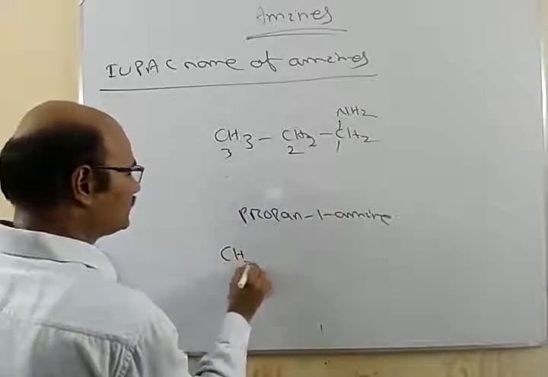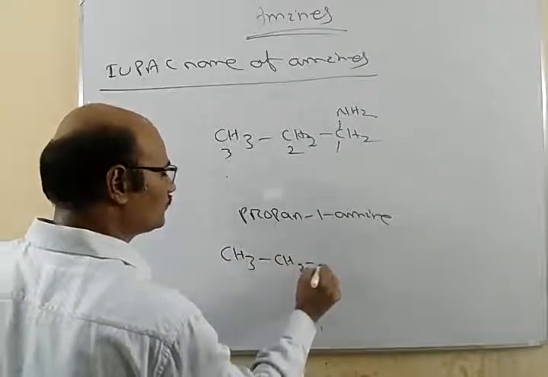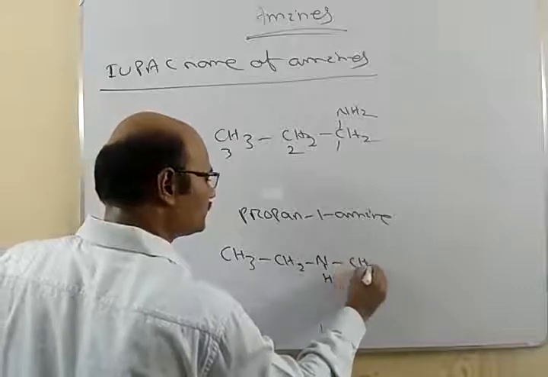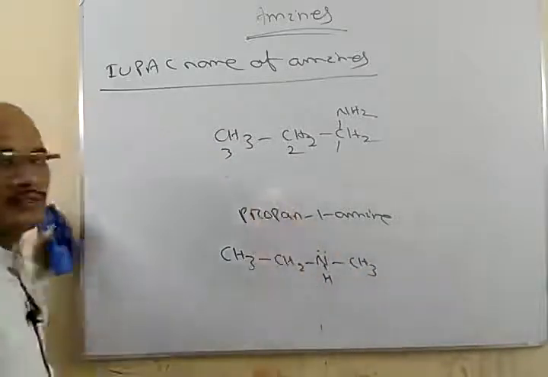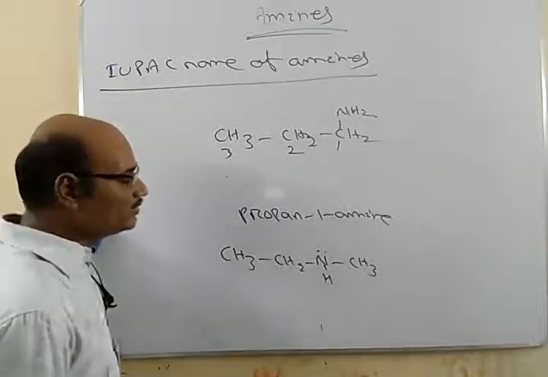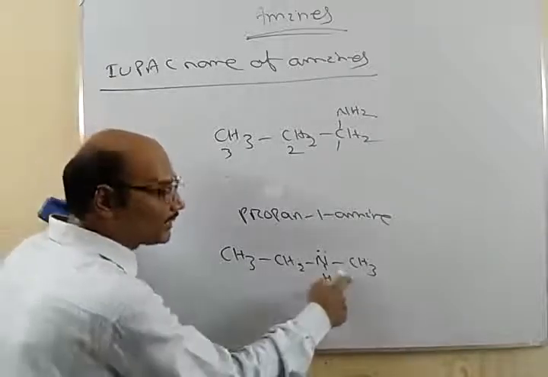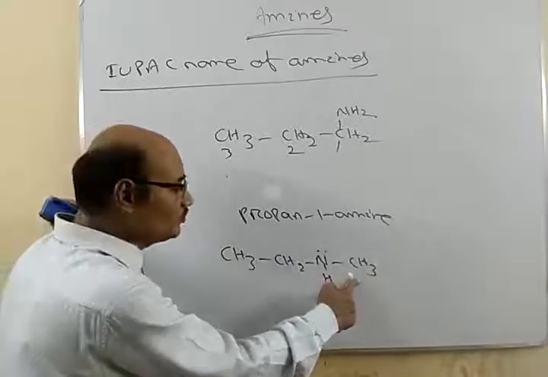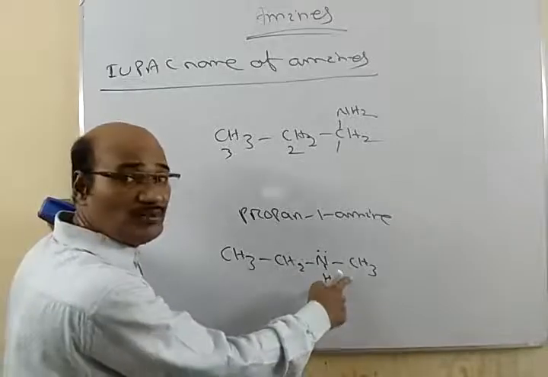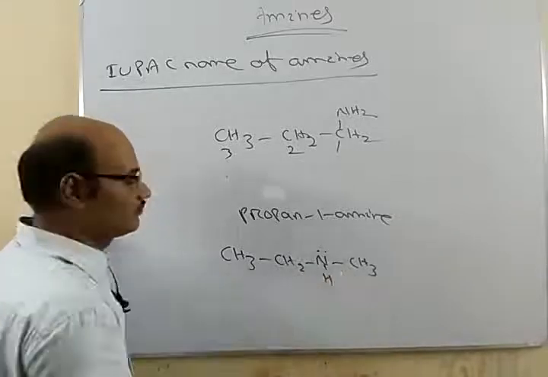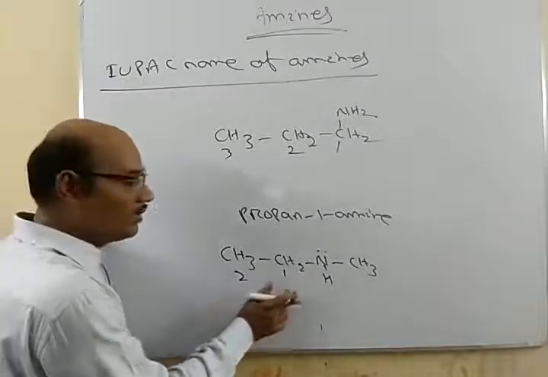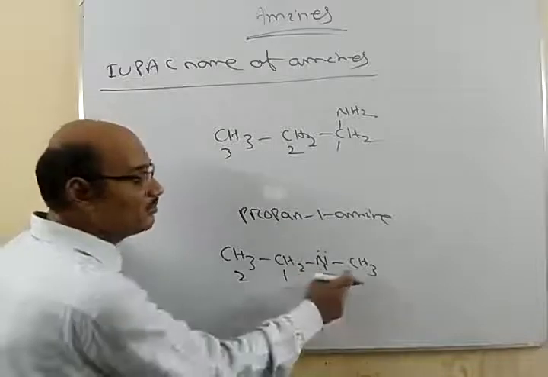Now if I have CH3 CH2 NH CH3, this is a secondary amine. How can we name it? You will see that when an alkyl group is attached to the nitrogen atom of the amine, the position of the alkyl group is denoted as N. So this is ethanamine, and to the nitrogen atom of the ethanamine, the methyl group is attached.